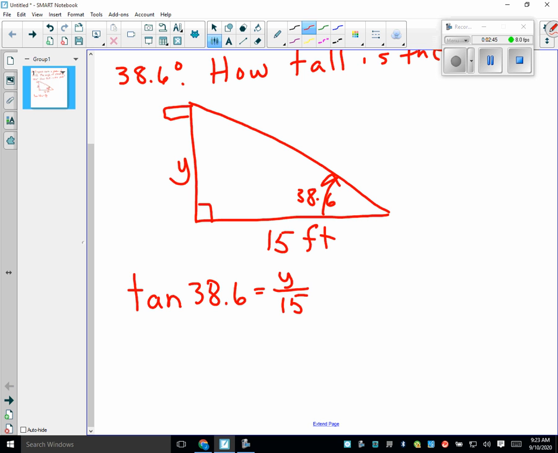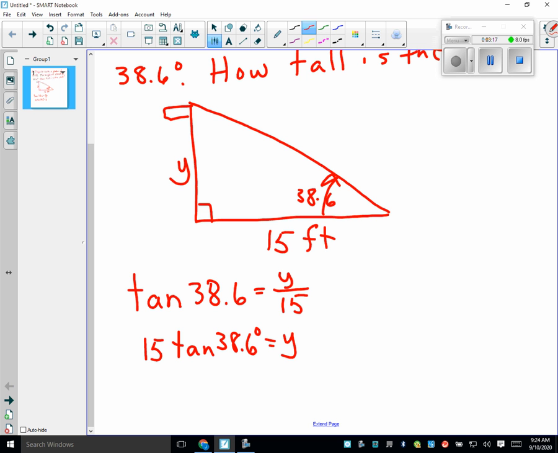How would I solve for y? Could I multiply both sides by 15? Yeah. So 15 tangent of 38.6 degrees equals y.